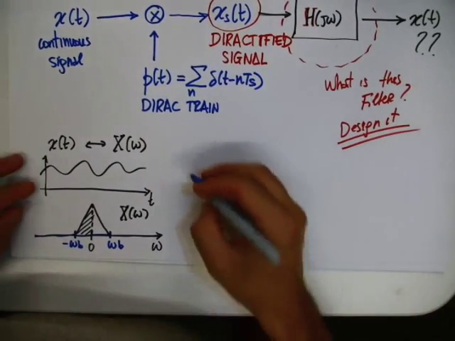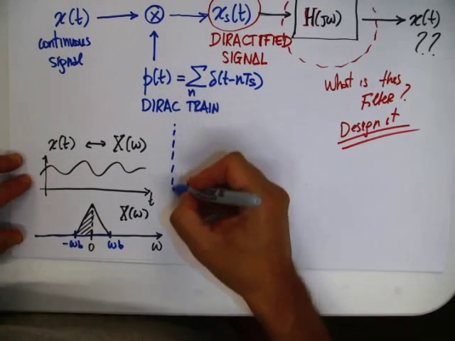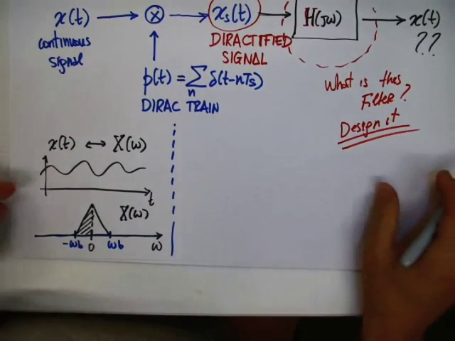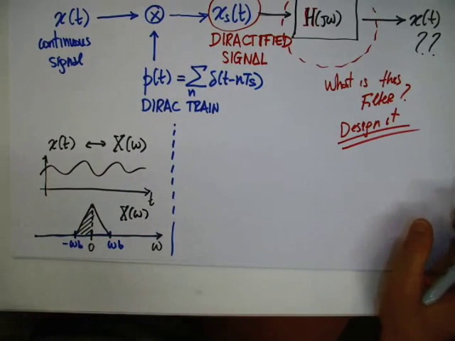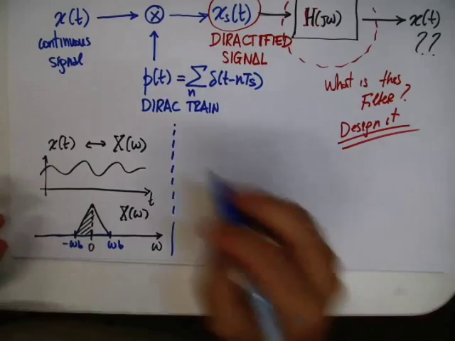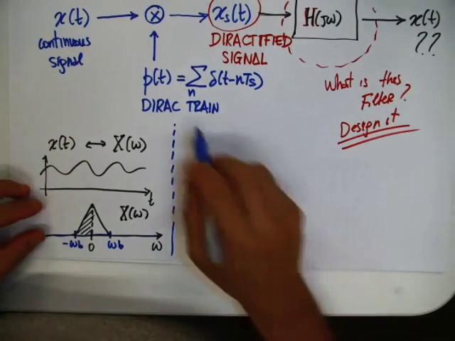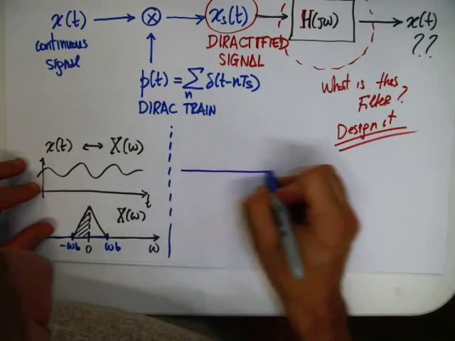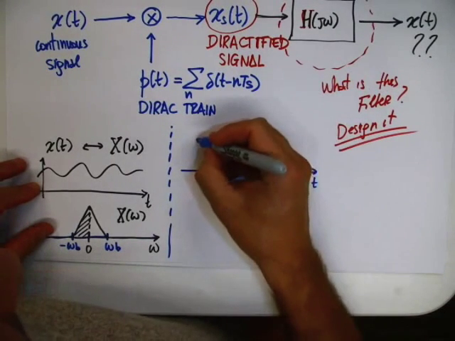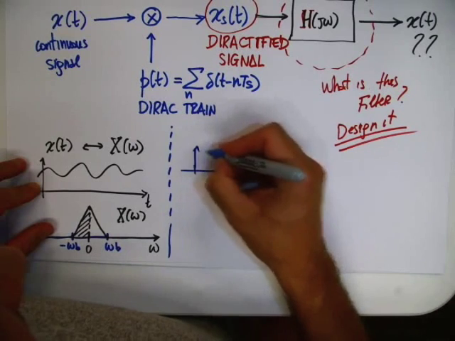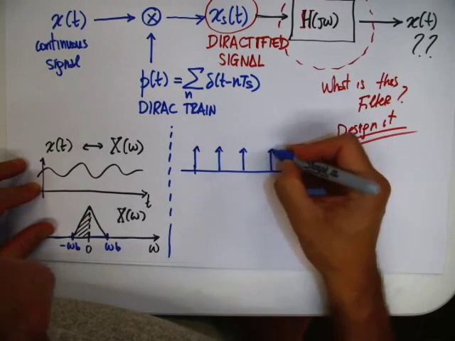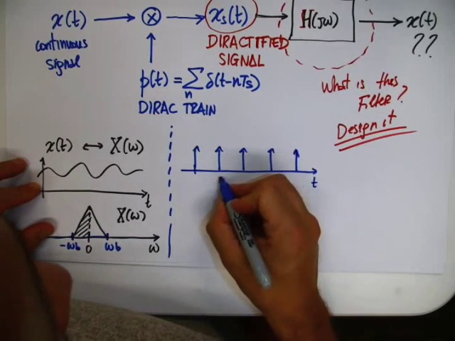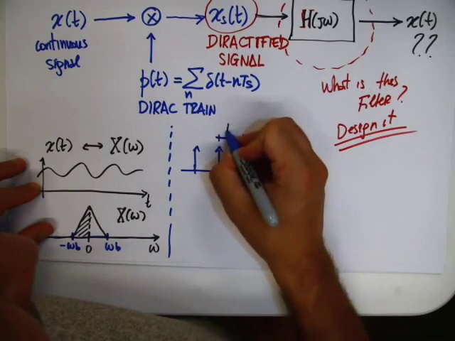This is regarding the spectrum X of omega of the continuous signal x of t, which is given. Regarding the Dirac train, we know that in the time domain it is a periodic function of time with period Ts.